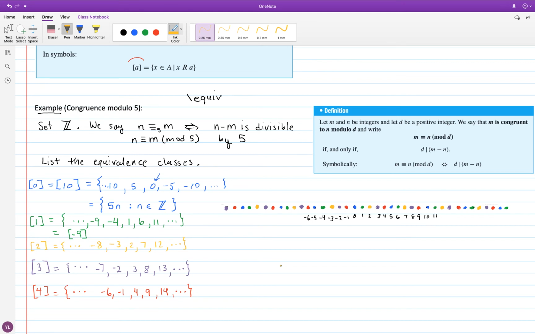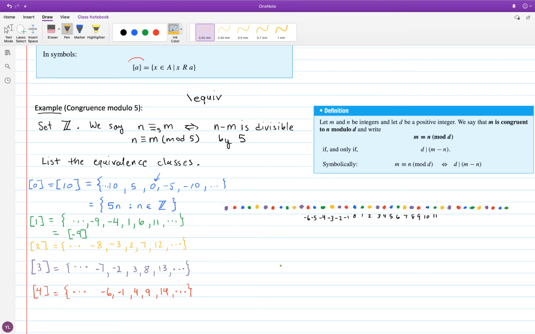Notice that each equivalence class is a subset of the set A. So in this case, each equivalence class is a subset of the integers. And here, many different integers were in the same equivalence class. And it makes sense because there are many numbers that are, for example, equivalent to 2 mod 5.